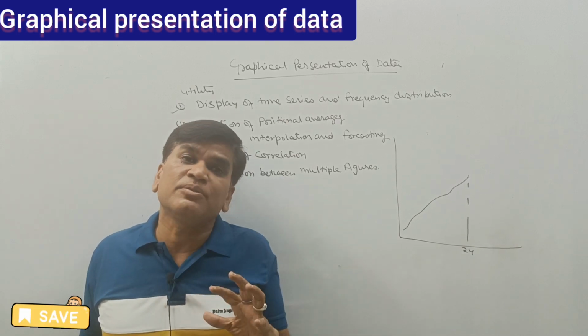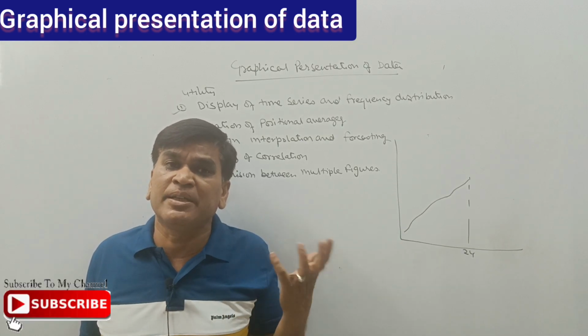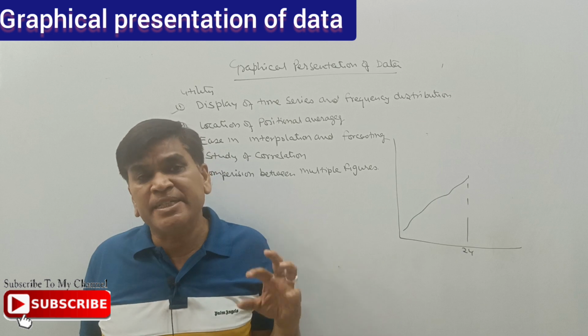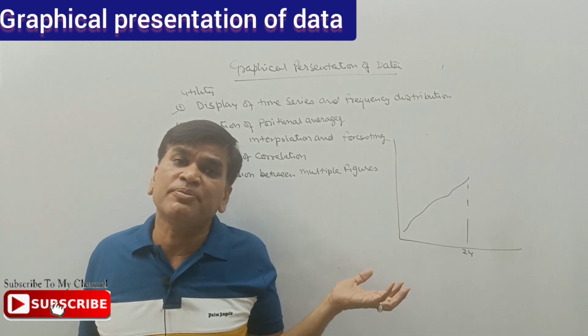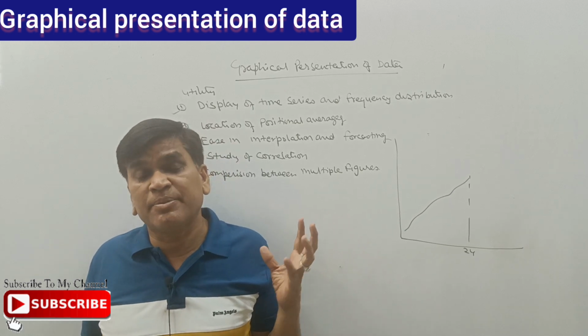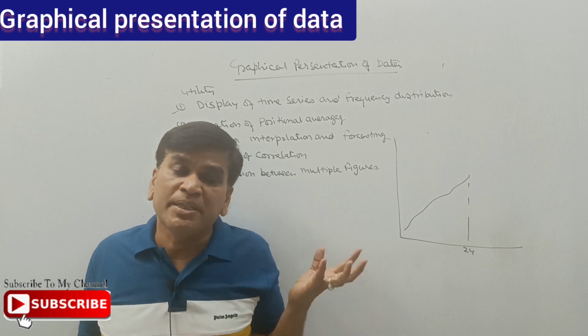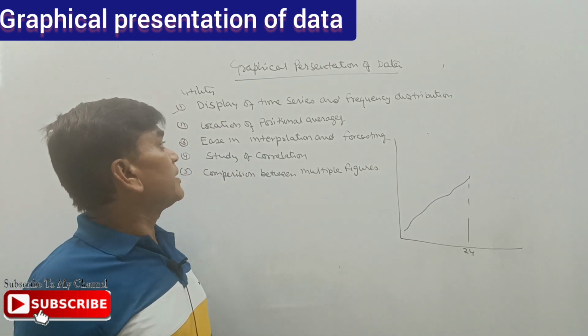So there also the graphical presentation is very important. If you go through the index in the chapter on analysis of time series, you will know there is one method for forecasting that is called the freehand curve method, and another may be the least square method. In that also the forecasting depends on the graphical presentation of data.